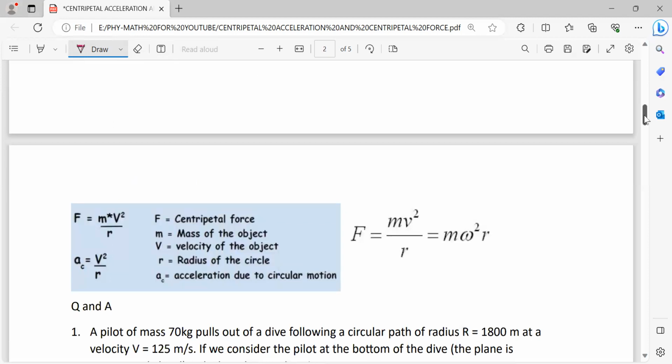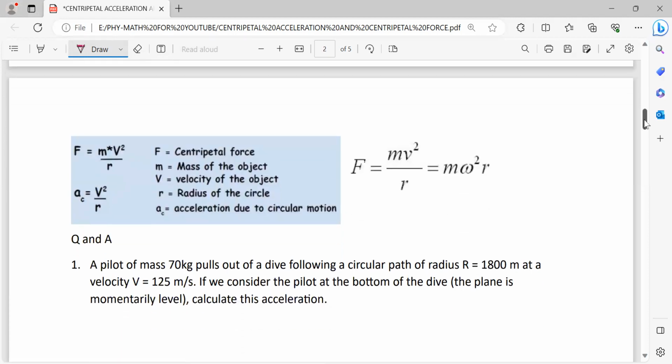So how about centripetal force? The centripetal force formula, if given the tangential velocity, is F equals m times v squared over r, where m is mass, v is velocity or tangential velocity, F is centripetal force, and r is the radius of the circle.